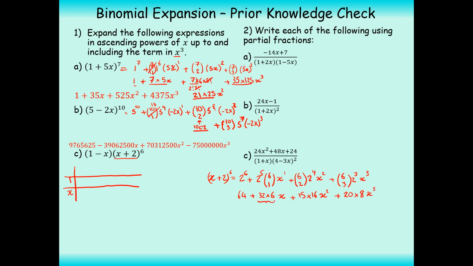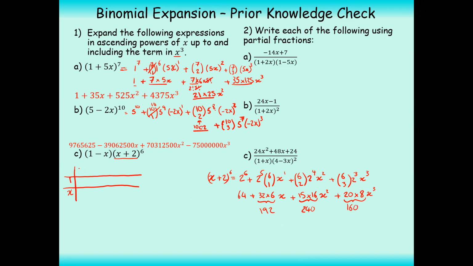So here 32 times 6 is 192, 15 times 16 is 240, and this term would give us 160.